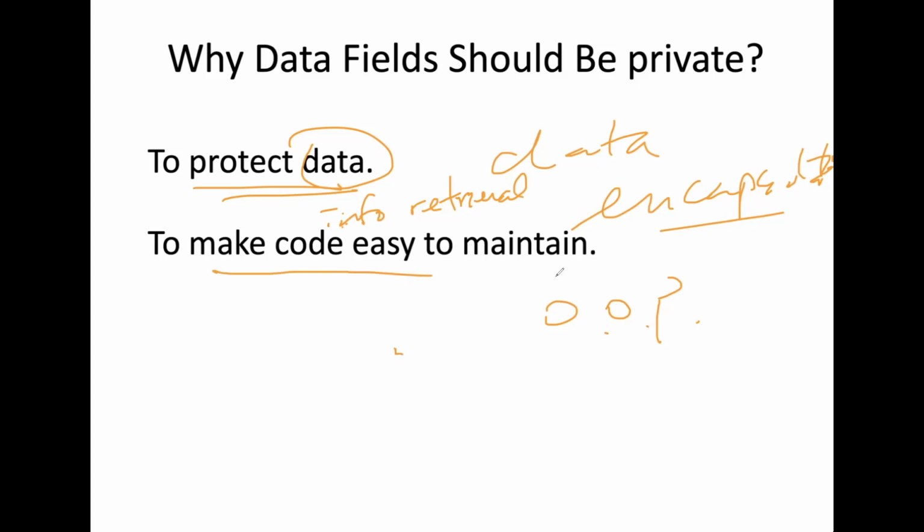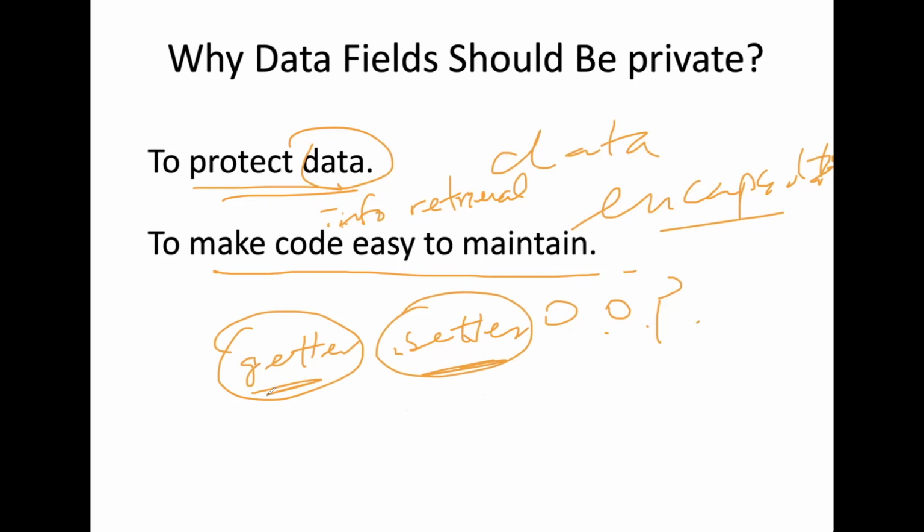Why does it make code easy to maintain? If you have your data as private, you don't have to worry about it being exposed to the outside world, outside of the class, that is. You can set up what's called the getter and setter on the private data to allow external entities, including its instance, to access that private data. It is up to the developers whether the data should be accessible through these getters and setters, or mutators and accessors methods.